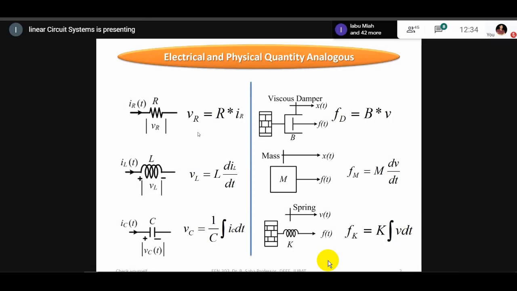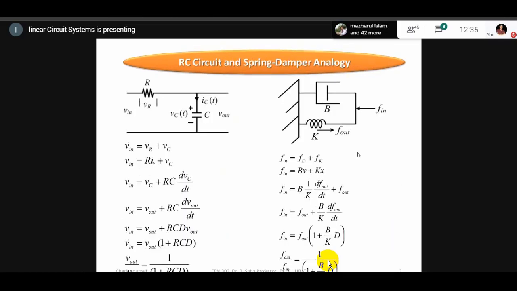We are going to convert an electrical circuit to a mechanical analogous system. Here, this is an RC circuit, which is a first order circuit, right? So we need to find out their analogous.